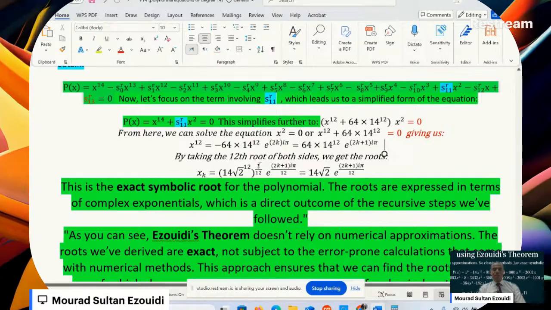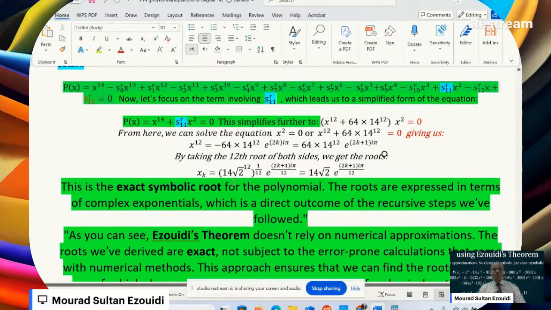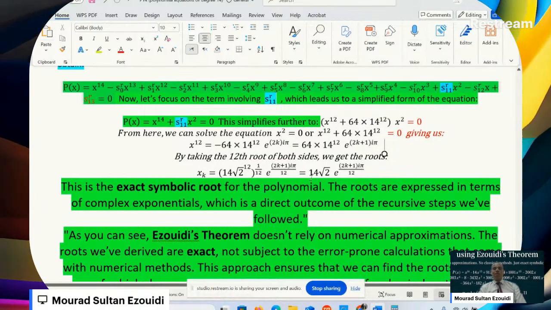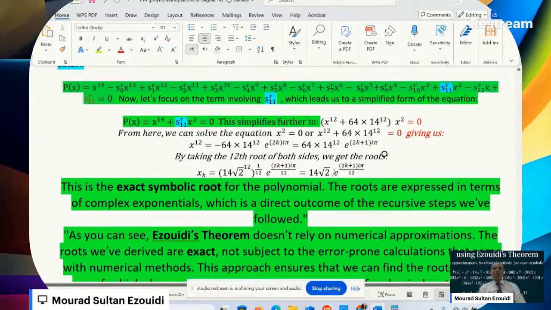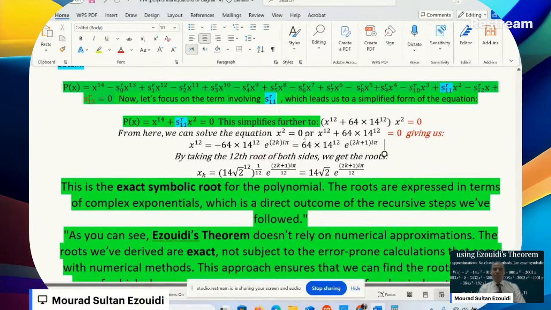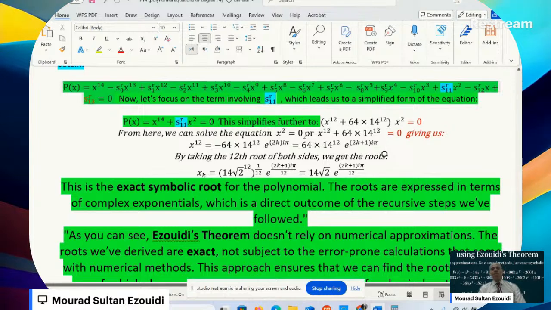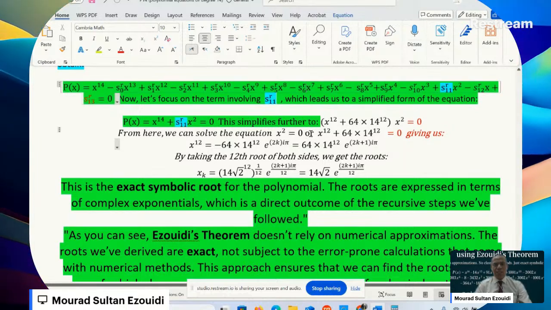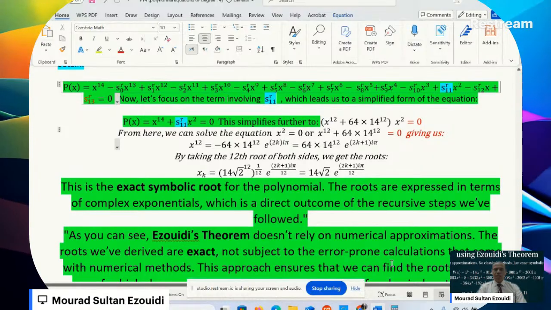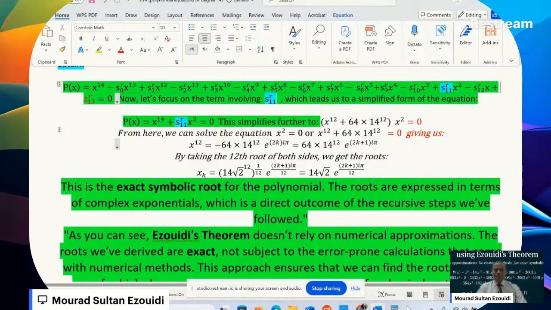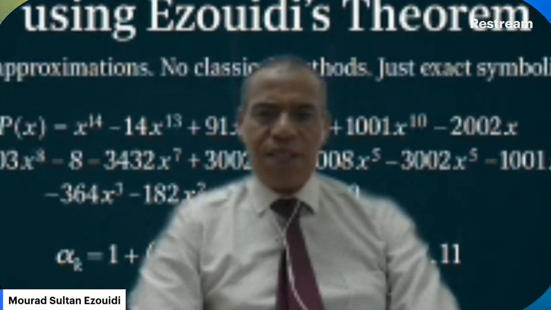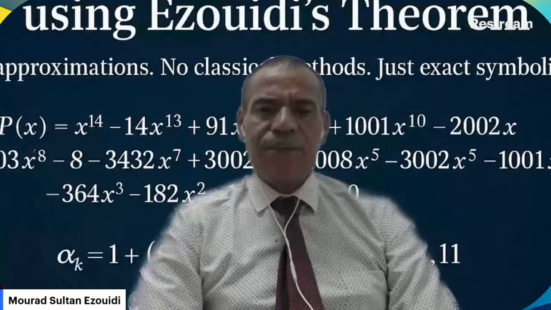Twelve multiplied by 1 divided by 12 is 1, so it remains only the 14th root of 2, times exponential of (2k plus 1) i pi divided by 12. And next, we told that also x equals 0 is a root of multiplicity 2.